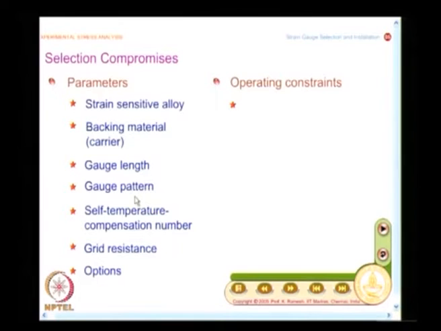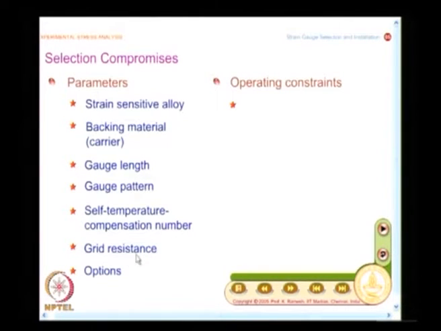And we have also said for small temperature variation, it is desirable that you go for self temperature compensation, and depending on the specimen material on which I am going to do the test, I need to select this number. And again the heat dissipation brings in what grid resistance I should select.